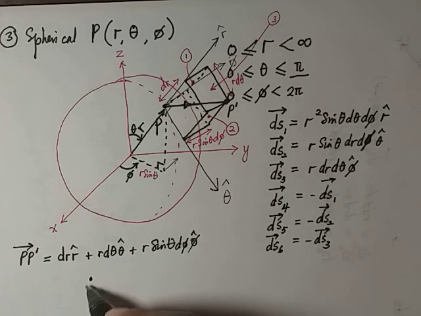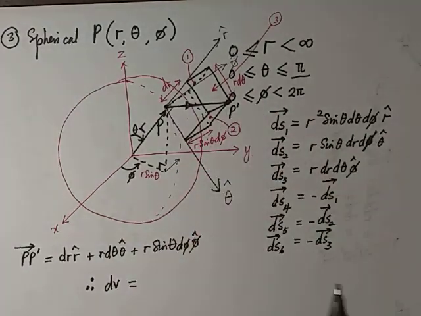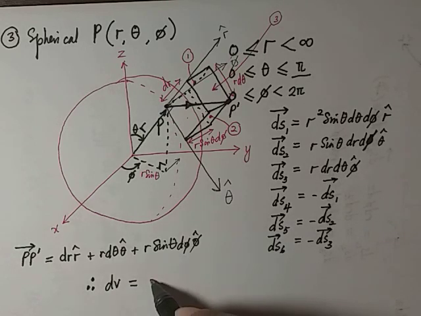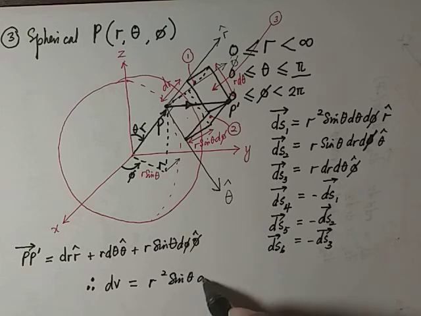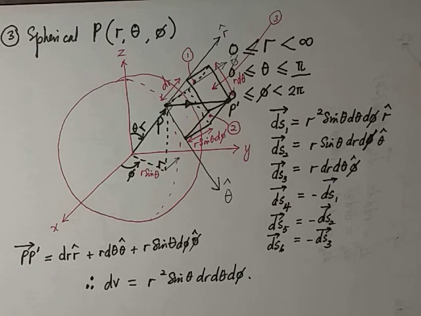We can state clearly now that the volume dV is all these three sides multiplied together, which gives r square sine theta dr d theta d phi. With that, we can fill in the blanks completely now.